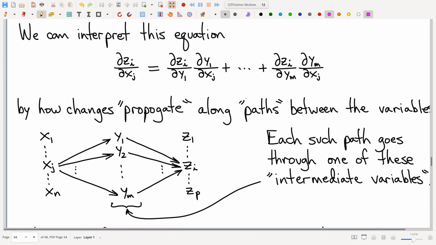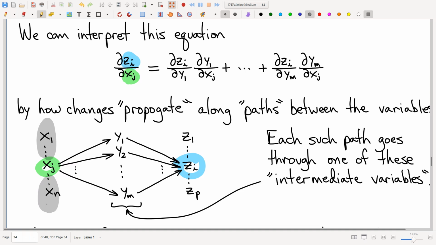Here's what I think is a pretty reasonable point of view. If you want to compute the partial of zi, there it is, with respect to xj, there it is, keep in mind partial derivatives means I'm going to hold all the other input variables constant. This is our little scenario then, and I appeal to your sense of process.